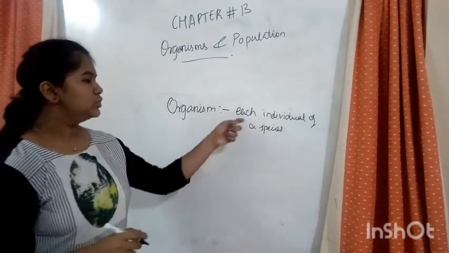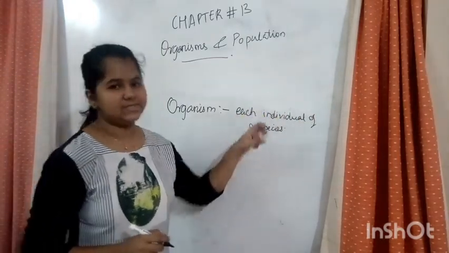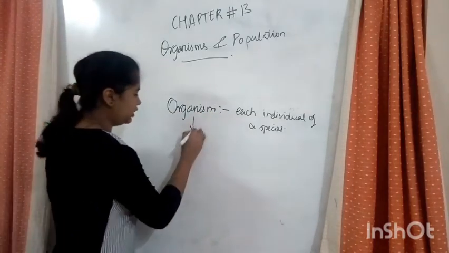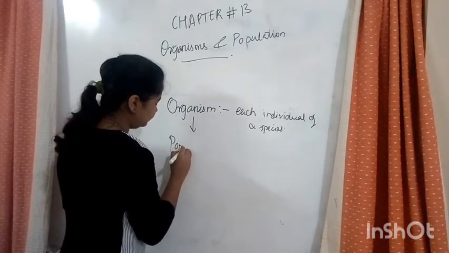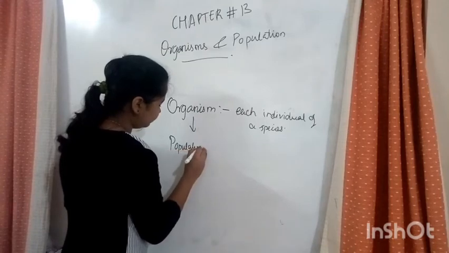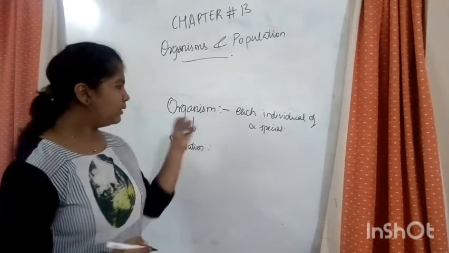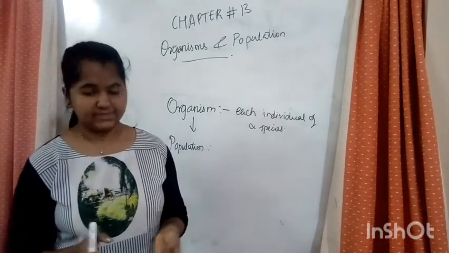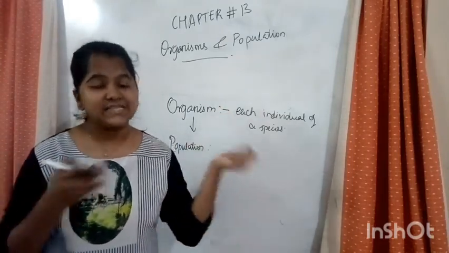Each individual of a species is termed as organism. Then what is the next level? That is population. And what is population? Population is the same kind of organisms that come together and which can interbreed.